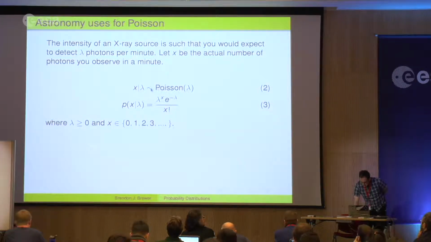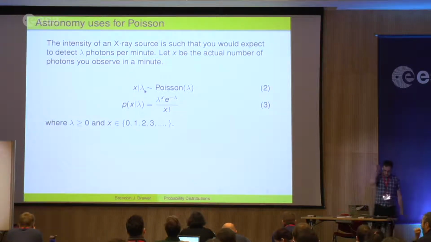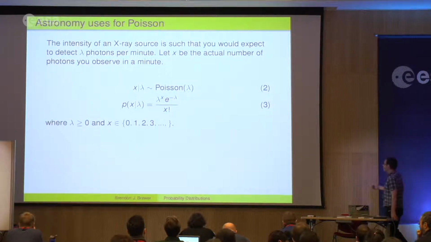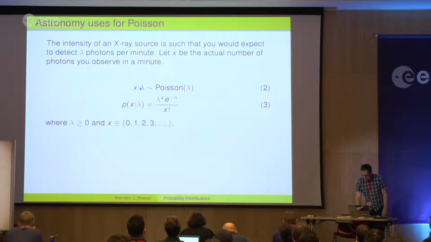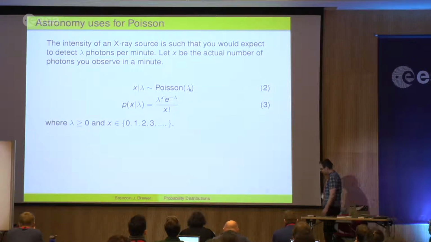So I've written it in this twiddles notation as well. I've said that x twiddles Poisson with lambda, but there's an extension to that notation that I'm assuming that this lambda is known and that this is the distribution that x would have if I know lambda. It's because it's got lambda on the right-hand side. So to use a Poisson distribution, I have to know the lambda.